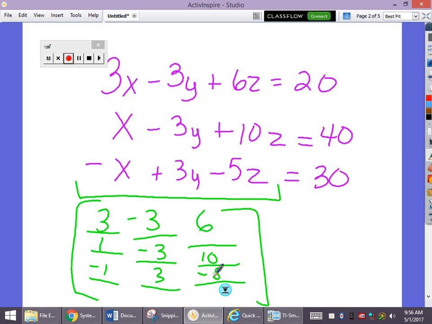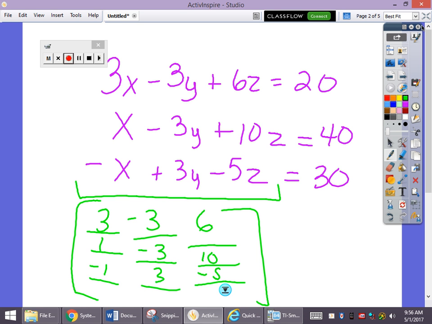Now, if I were to make a matrix of the answer side, okay? So if I were to make a matrix of this, it is a what by what? 3 by 1, 3 rows, 1 column, 20, 40, and 30.